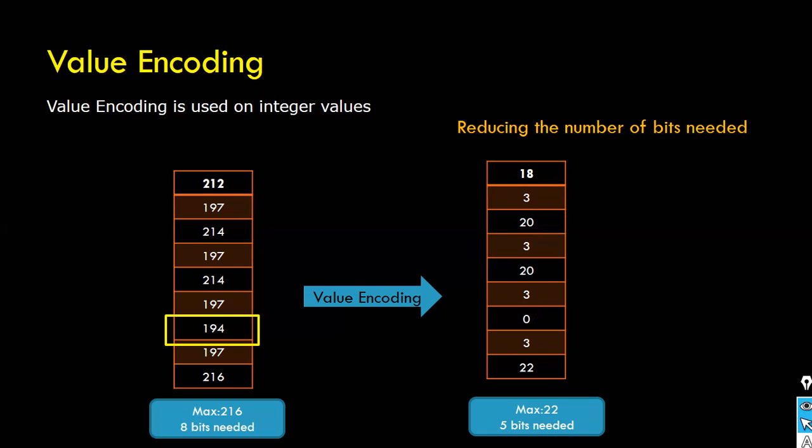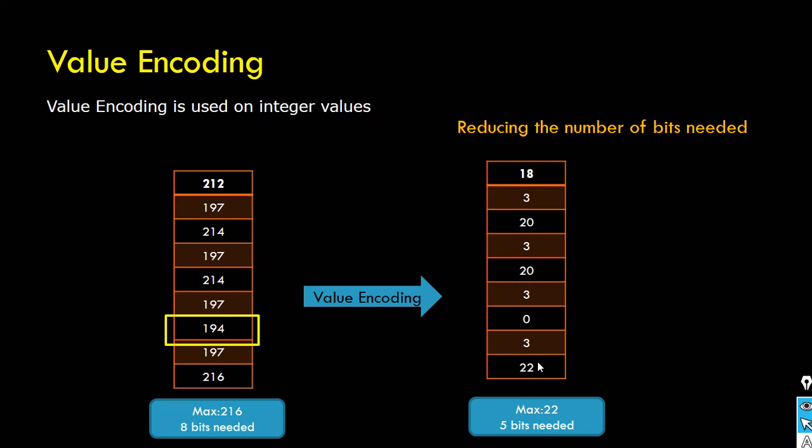So what happens is, it reduces the range of the column, right? It reduces it to a range from 0 to 22, instead of 194 to, what is the maximum value here? 194 to 216, right? Here 0 to 22. It reduces the range from here to here.